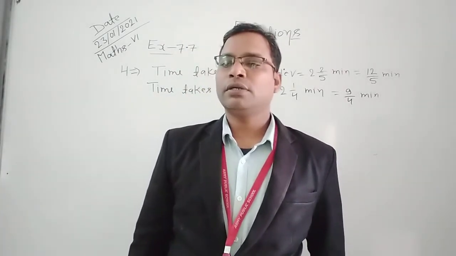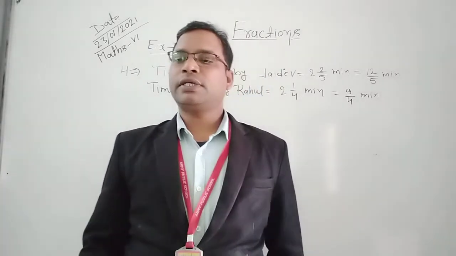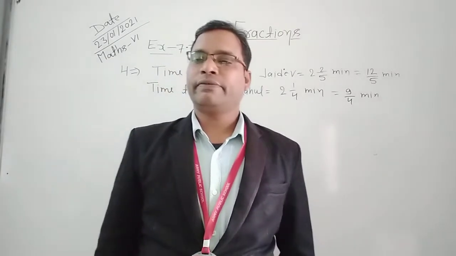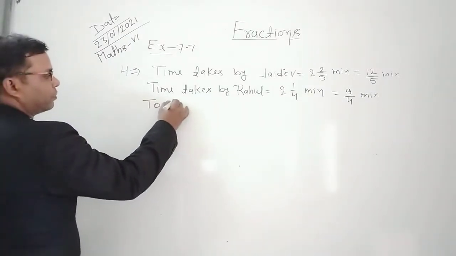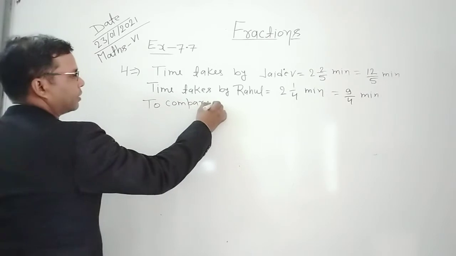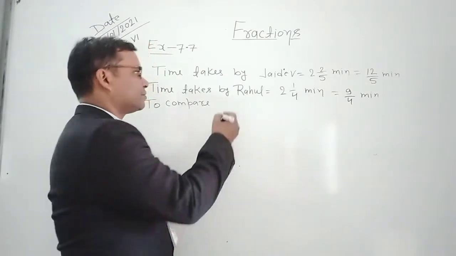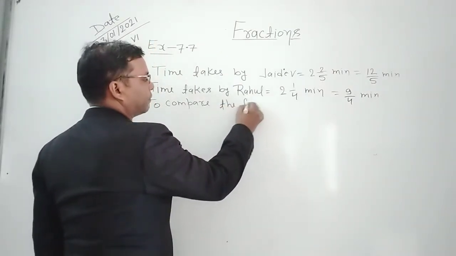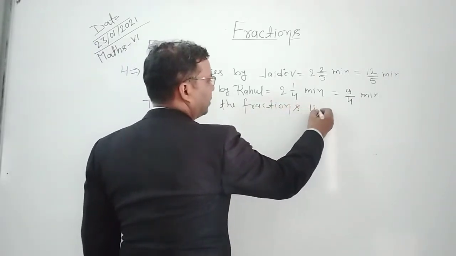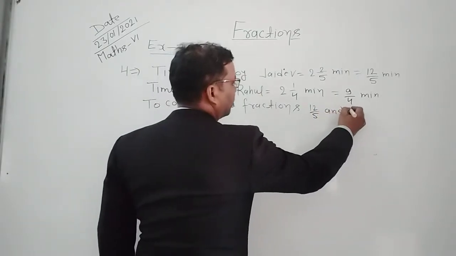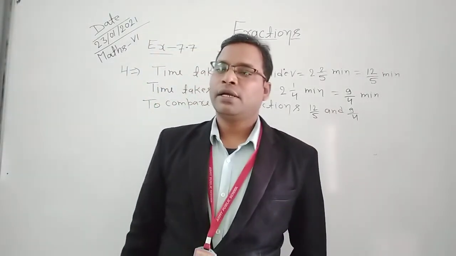How can we compare them? First we convert them into equivalent fractions. To compare both fractions, 12 by 5 and 9 by 4, we need to compare them.